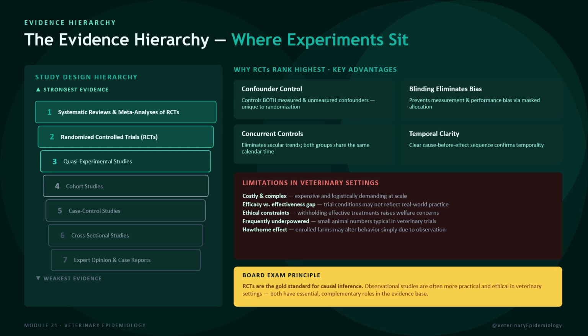Concurrent controls ensure both groups experience the same calendar time, eliminating secular trends. But RCTs also have limitations in veterinary medicine. They're expensive, logistically challenging, often underpowered, and sometimes ethically constrained. So while RCTs are the gold standard, observational studies still play an important complementary role.